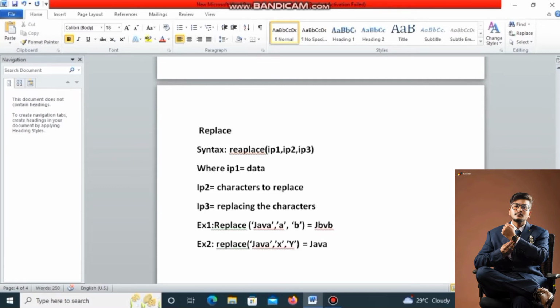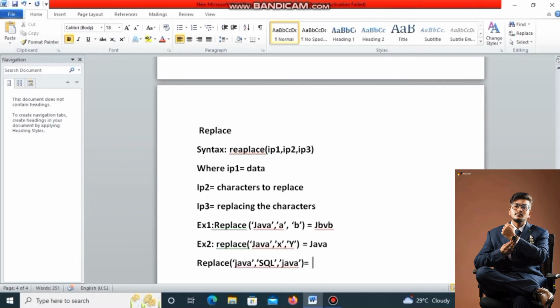I am explaining one more example. If we give input 1 as the same Java, comma, and input 2 as SQL, and input 3 as the same Java, then what would be the output?